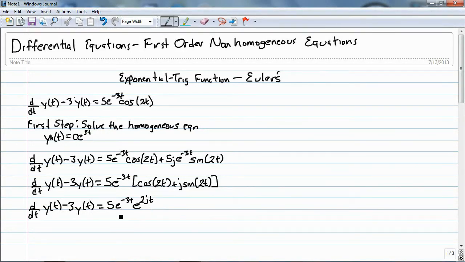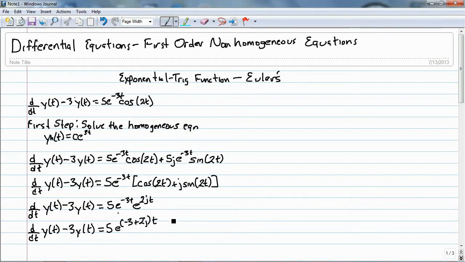And we can use the law of exponents to even simplify it more. And that is the equation we're going to solve.